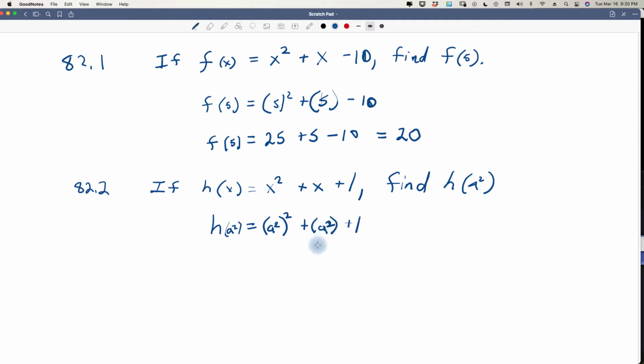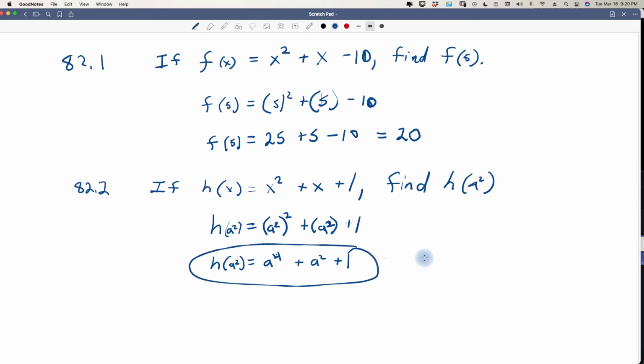So now we say h of a squared equals a squared times a squared. What is that? It's a to the 4th, right? Because we squared this. All we have to do is multiply these to get this. Plus a squared plus 1. That's as far as we can go. That is it. That's our answer.